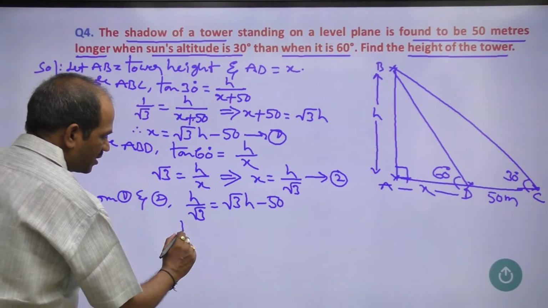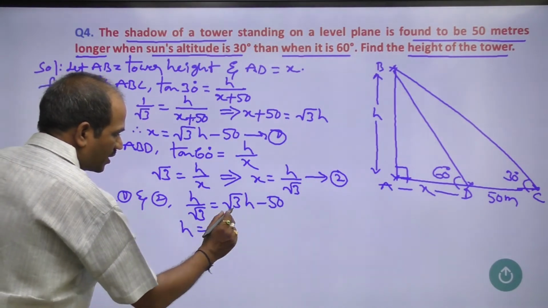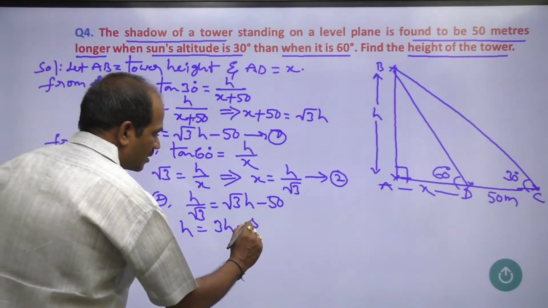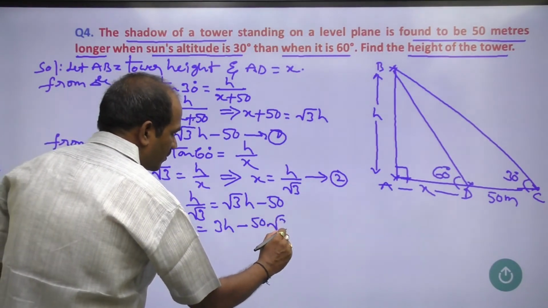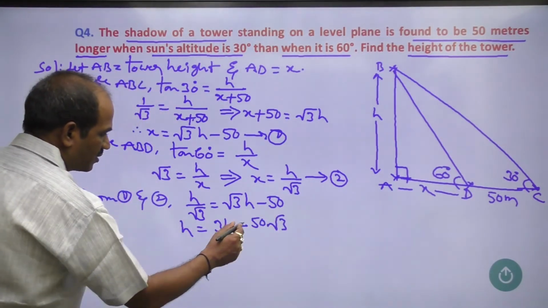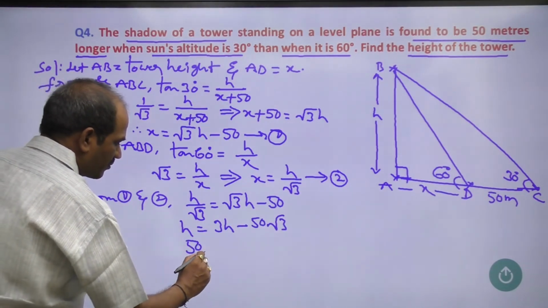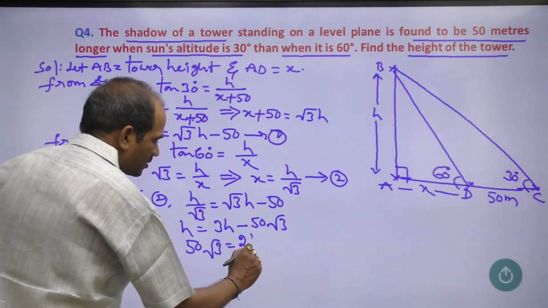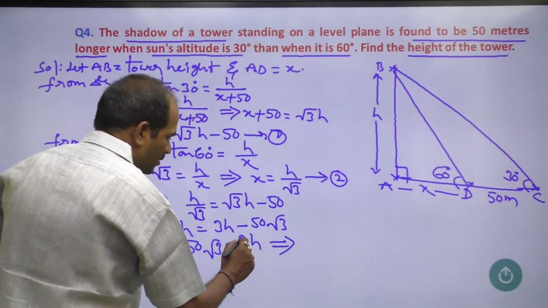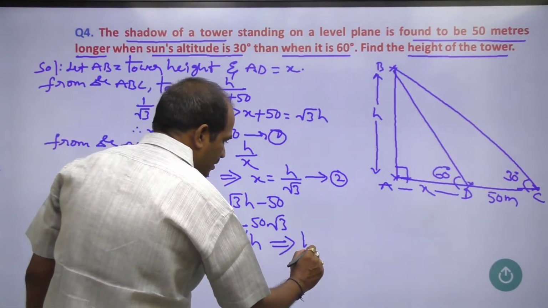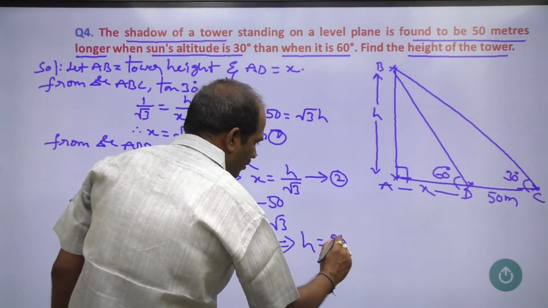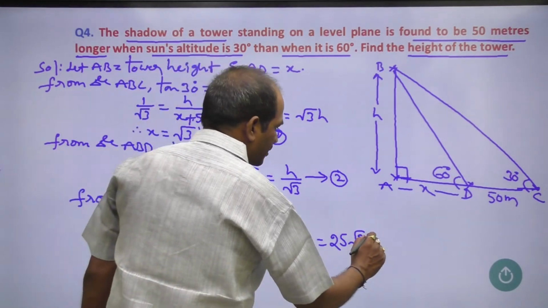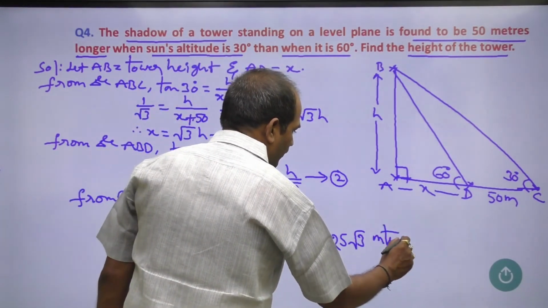Cross multiply: h is equal to root 3 into root 3, 3h, minus root 3 into 50, that is 50 root 3. Taking this side, 50 root 3 is equal to 3h minus h, which is 2h. So the 2 gets cancelled, that is h is equal to 25 root 3 meters.